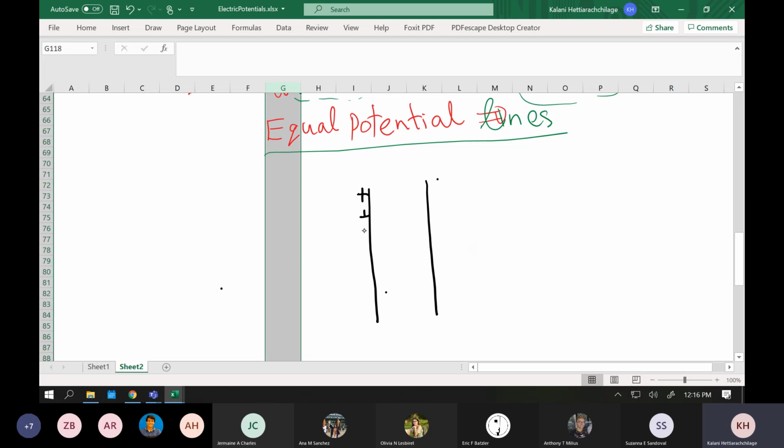We're going to use the positive electrode which has the charges everywhere on the line, and then we're going to use the negative electrode. Later on you are going to learn this is a parallel plate capacitor, but here we are not talking about the capacitor concept. We are just watching how the electric field behaves in between these two plates, right?